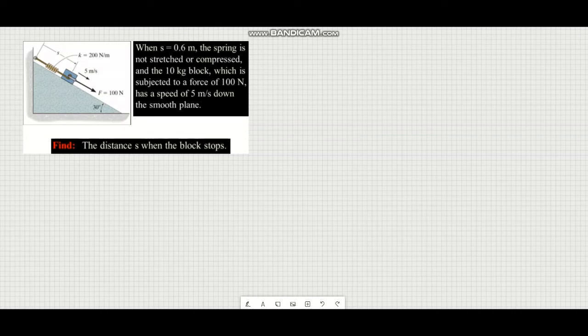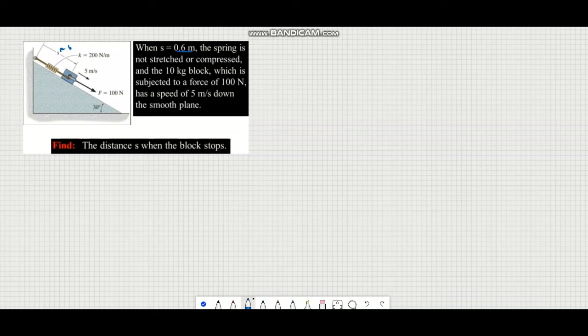Okay, in this question, when s is 0.6 meter, the spring is not stretched or compressed, so it's neutral. The force or energy on this spring is 0. A 10 kilogram block is attached to this spring and then released.